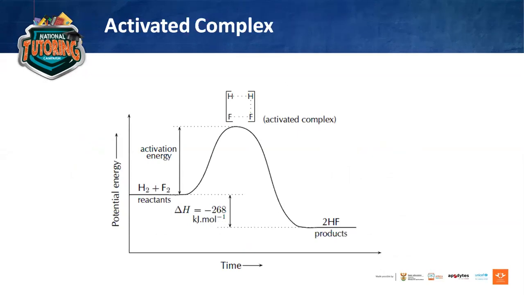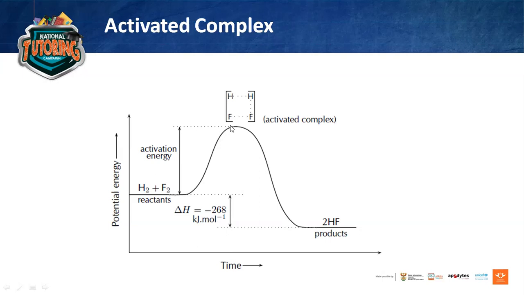Then let's go to the activated complex now. Okay, we've spoken about our reactants, we've spoken about our products, and now we spoke about the activation energy, which is the energy required for a reaction to take place. And then on top there, while it goes up, the reaction will start all the way up using activation energy.